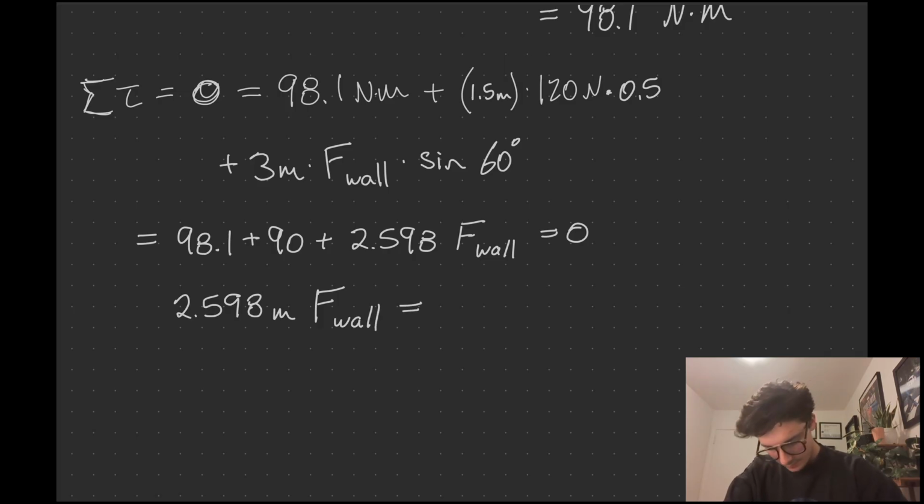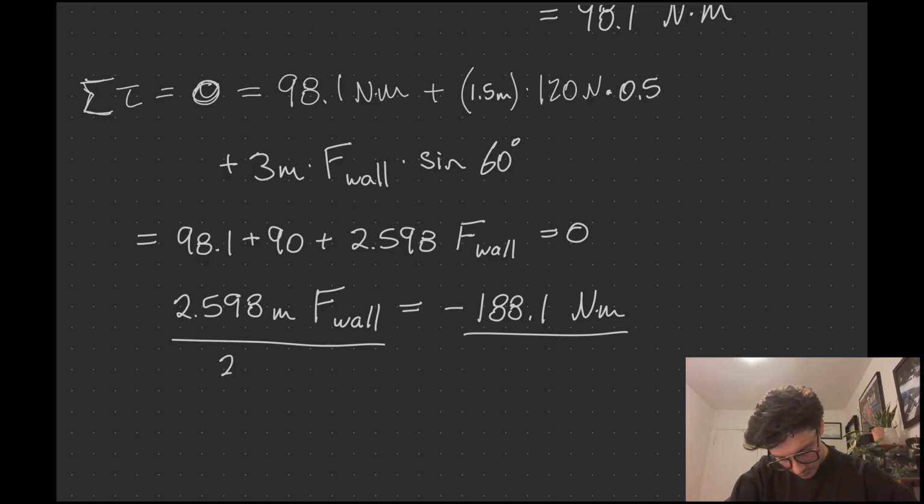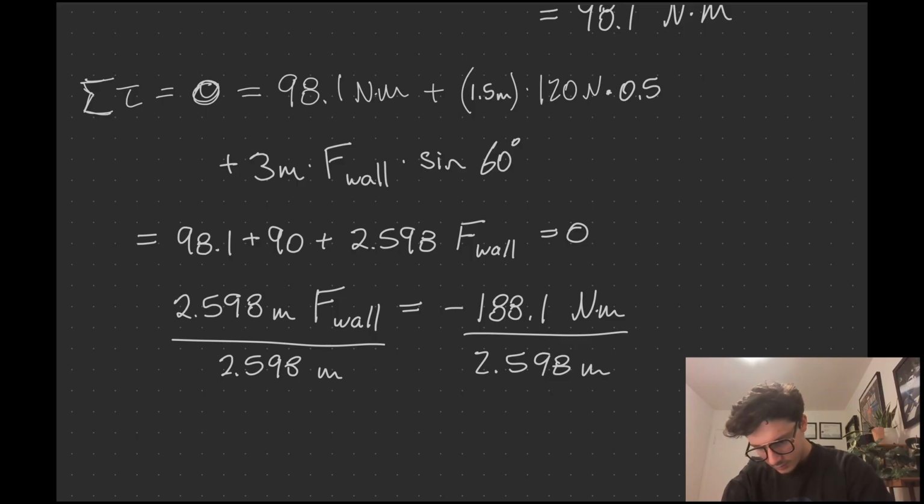And on the other side we subtract all that, so we have minus 188.1 newton meters. Then if we divide by 2.598 meters, the meters cancel.